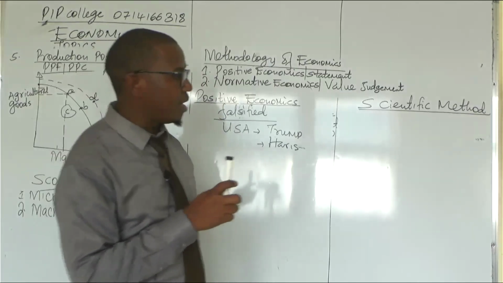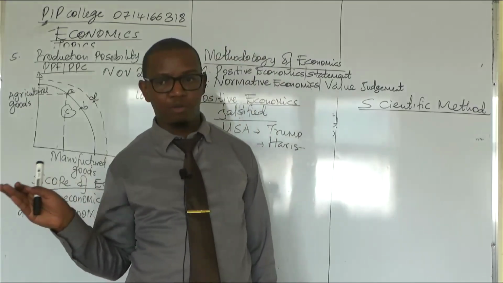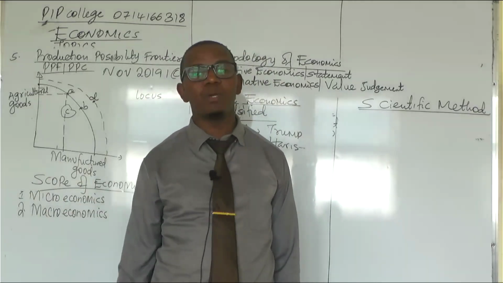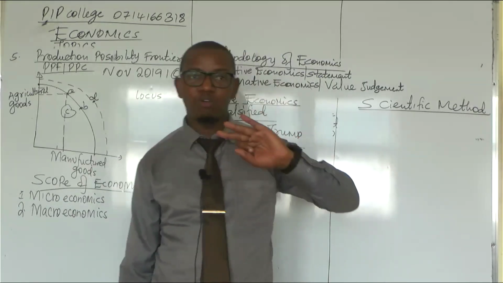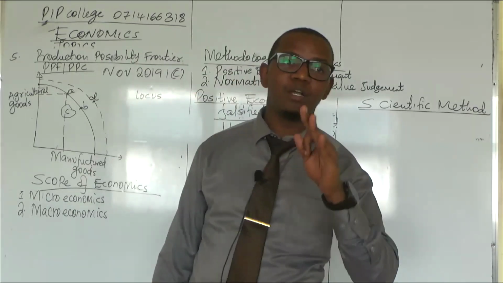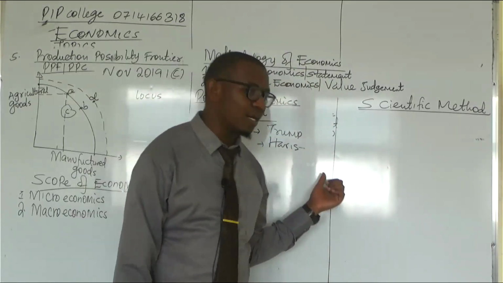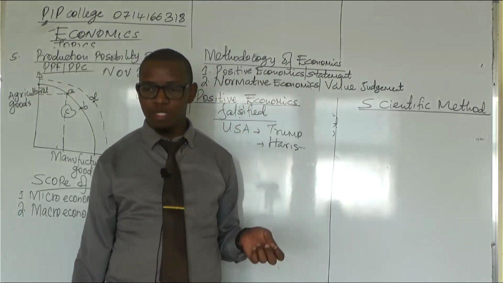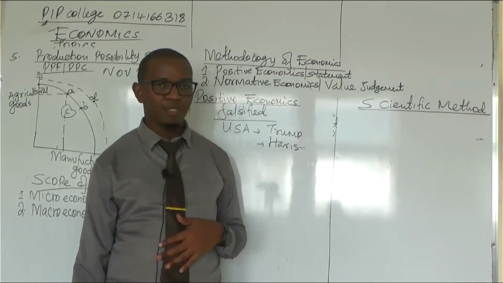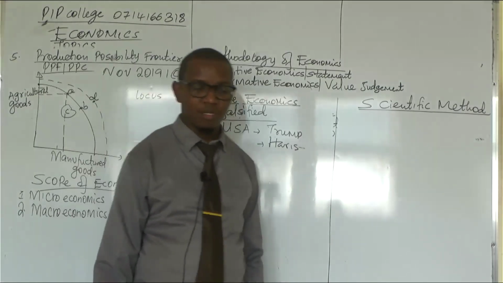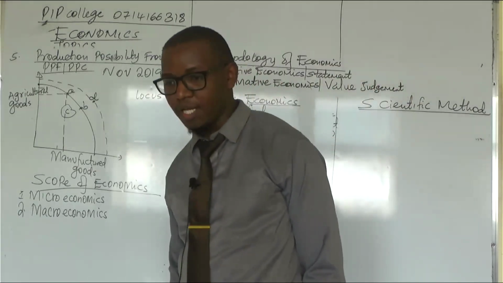After that, we'll talk about economics as a science, and then I will get to the 3 basic economic problems, the question that was there in the last sitting of economics. The 3 basic economic problems, we know them. That is what we'll cover in our next class.